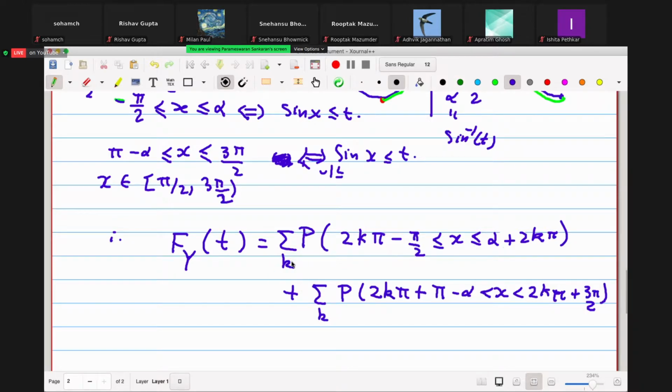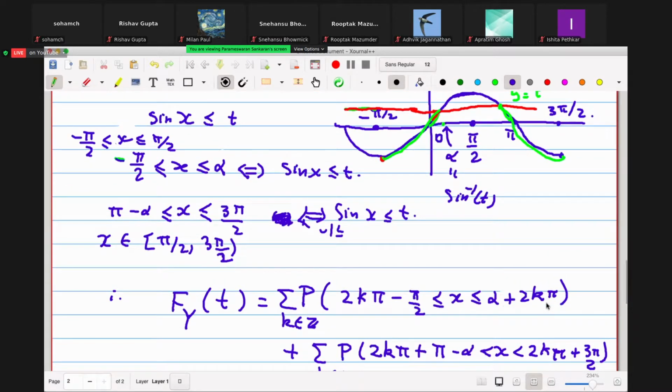Of course, k varies in integers. So you need to check that these two intervals are disjoint. See, the temptation is just like sine inverse and then look at the principal value and forget about the rest. But you draw the diagram, you see that part of this also has to be captured, right? And this is not obtained by just translating by 2 pi.